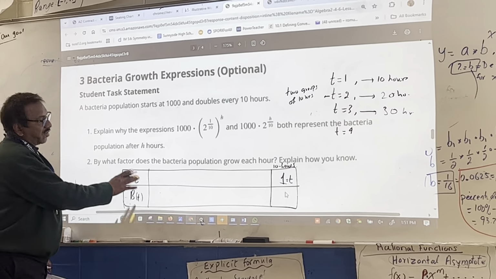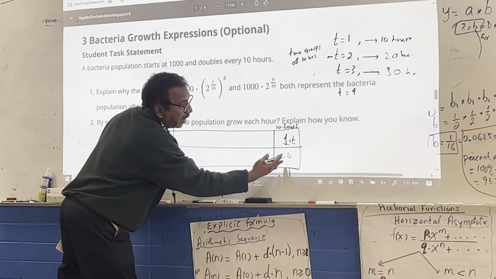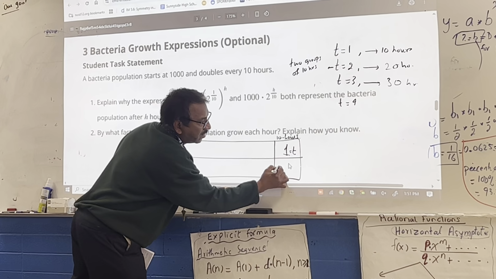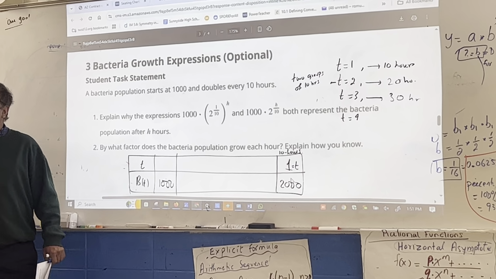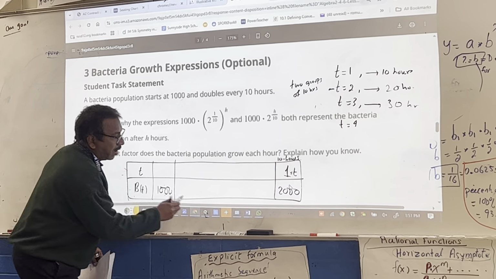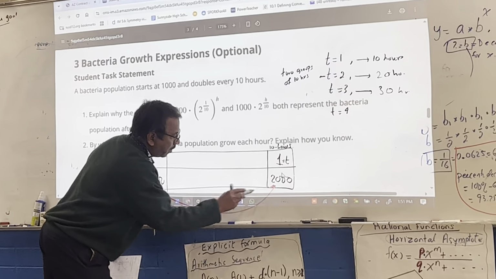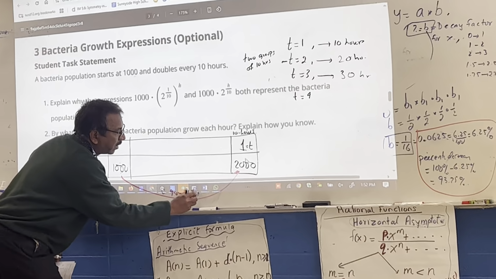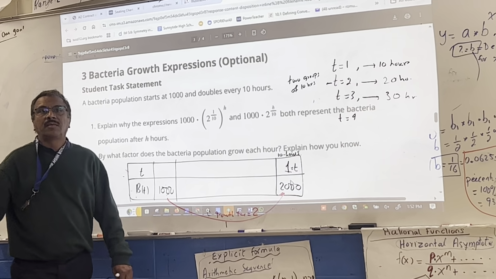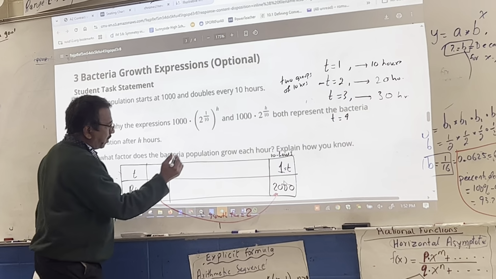Now the question is, in the beginning it was 1000, and in a group of 10 hours, it turns out to be double, so it becomes 2000. So the growth factor here is 2 times. So 2 times 1000 is 2000.